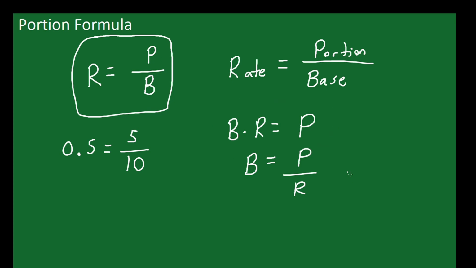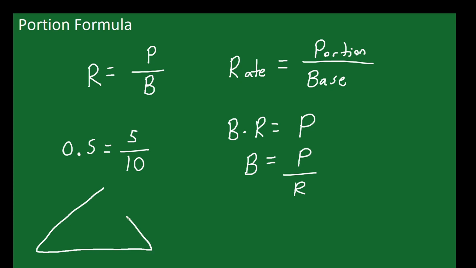Now sometimes you'll see these equations written, and you might see this in your textbook, written in a triangle like this. You'll see this for different types of things in mathematics, but the triangle looks something like this, where you have your R over here, your P over here, and the B over here. Just so you don't get confused by it, you don't have to use it if you don't want to, but it's basically a way to remember these equations I've written down.